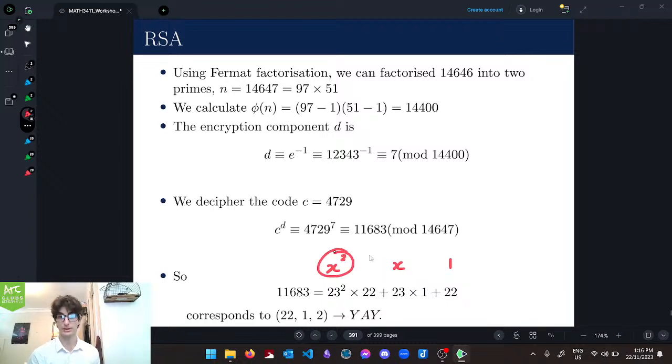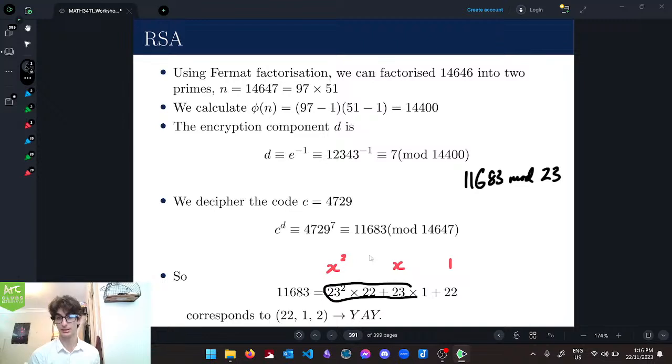And so we can decompose it like this by first taking 11683 mod, well, 23, and that will eliminate these two, and we'd get that that is going to be equal to 22. And then once you take away 22 from this, you get 11661.